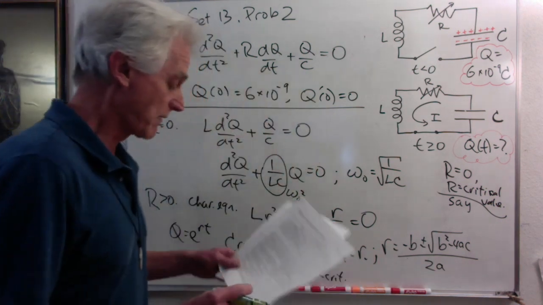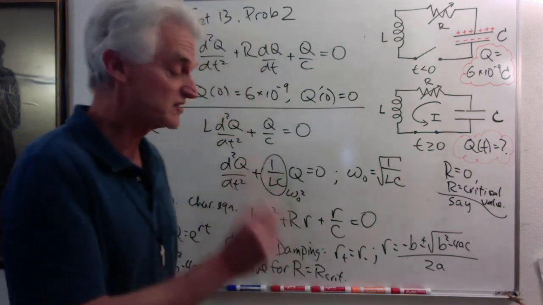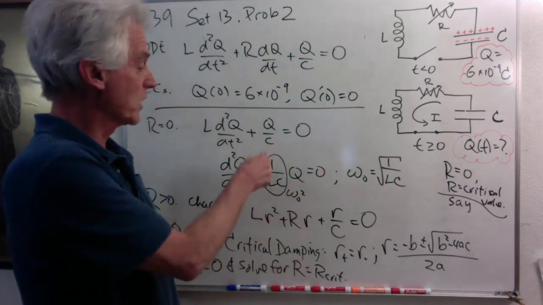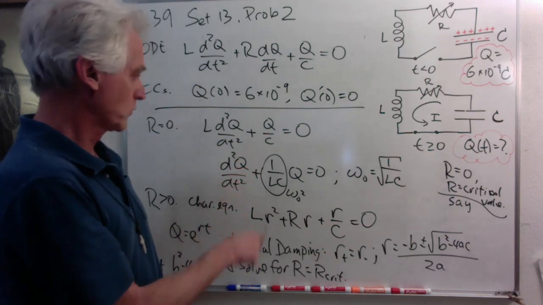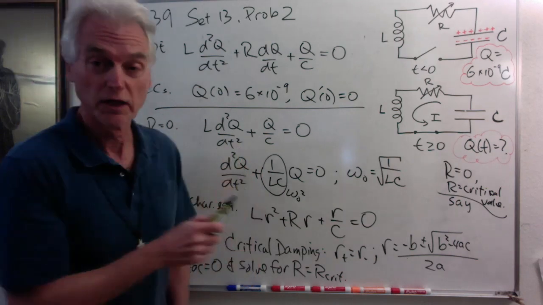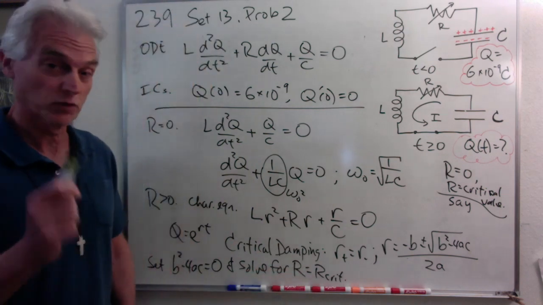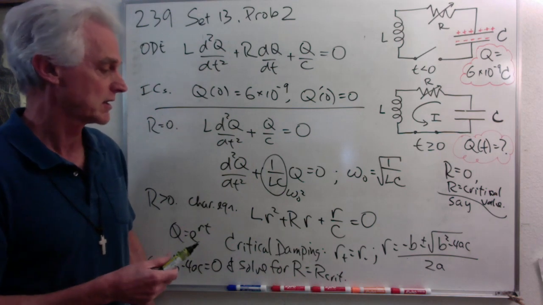All right, so I'm not going to go through the whole problem, but you're going to do that, and then you're going to solve for Q of t in these two cases. One, when the resistance is 0, and one, when the resistance is just what it has to be to get repeated roots of the characteristic equation.